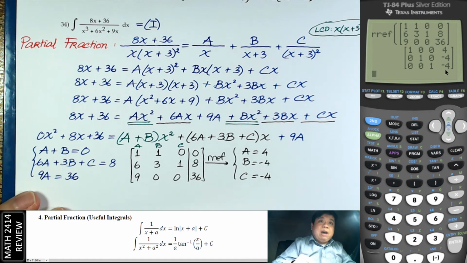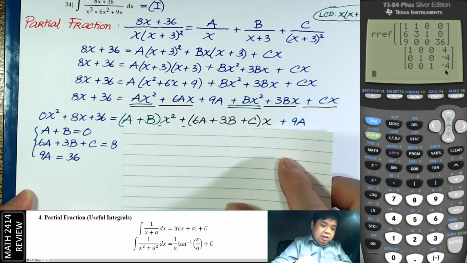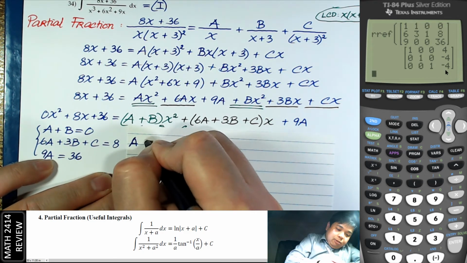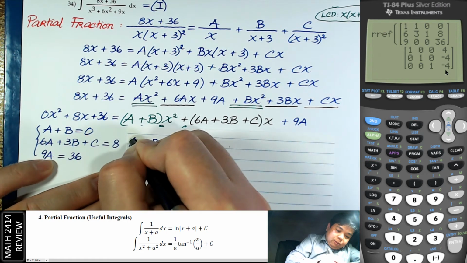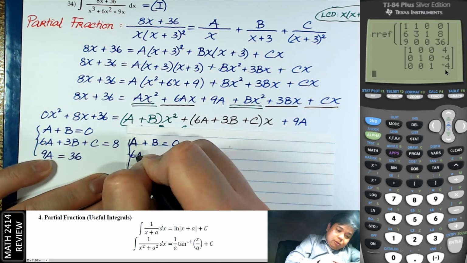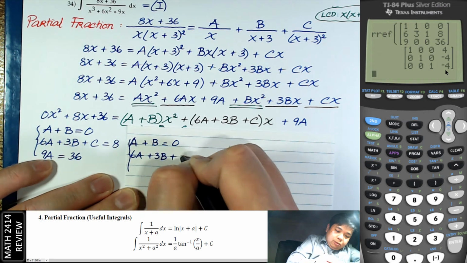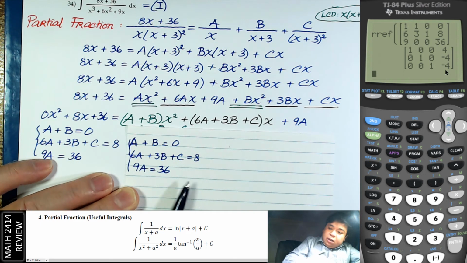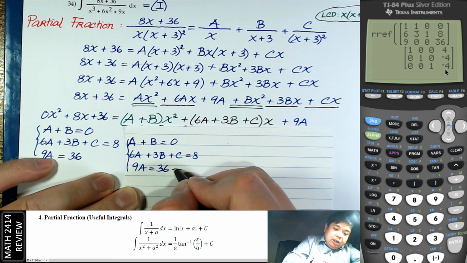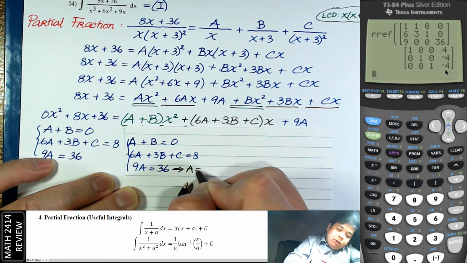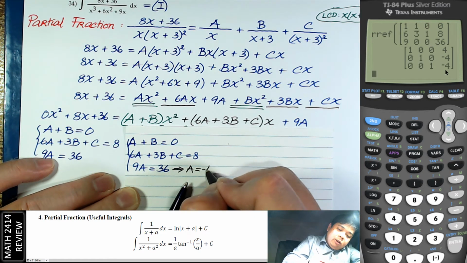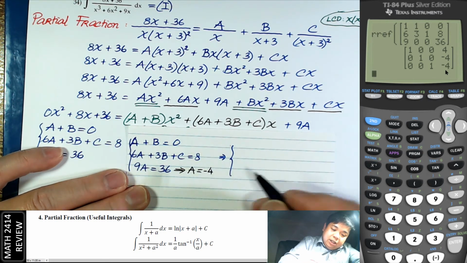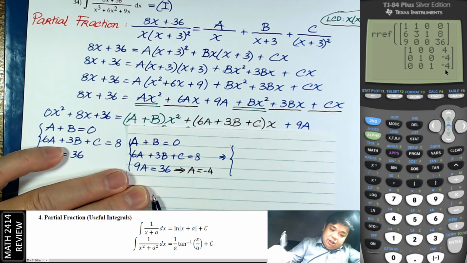Let me show you how we could do this by hand. So first of all, the obvious here is that A is equal to negative 4. So the next one we can say we substitute negative 4 in here.